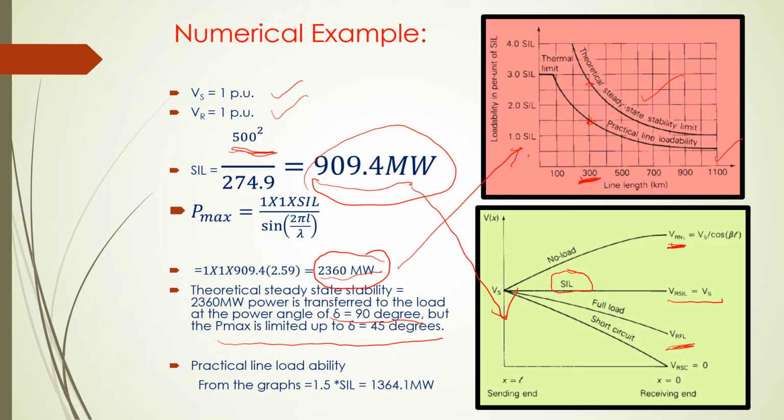We get a value of around 1364. This is the practical line loadability. Theoretically it is more, but practically it is less. Also, the angle we note down is only around 45 degrees, not 90 degrees. If we operate our system beyond 45 degrees, the system reaches the steady state stability limit and a complete blackout will happen.